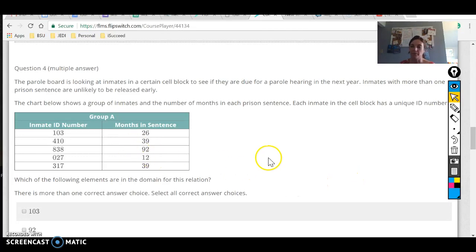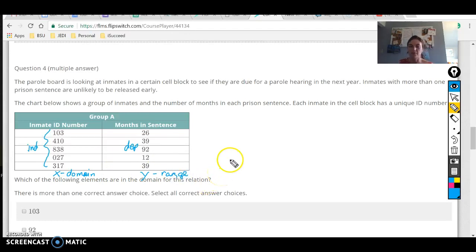So if we were to graph this, these would be our x values and these would be our y values, because these are our independent values and these would be our dependent values. Okay, so our x values are always our domain and y values are our range.